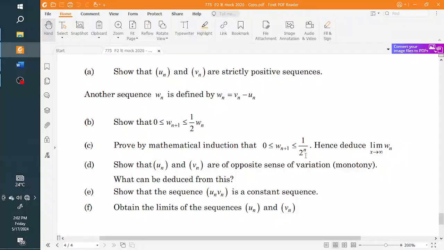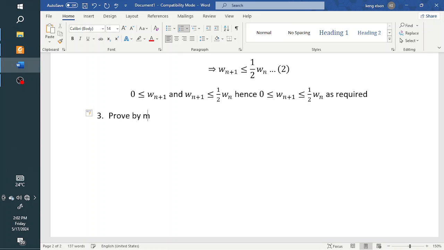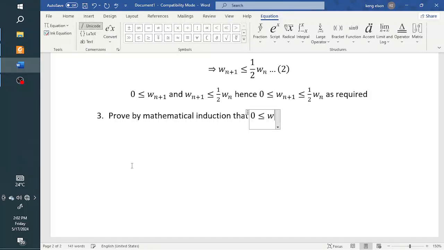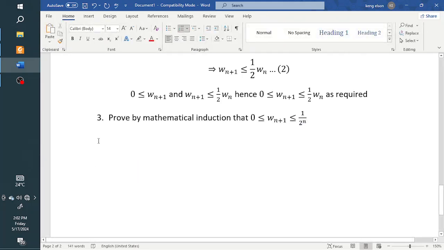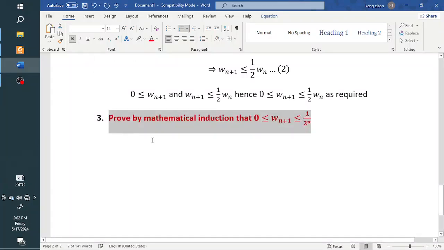So prove that 0 is less than or equal to Wn plus 1, less than or equal to 1 over 2 raised to the power n. I think I already explained mathematical induction before, so I'm going to be a little bit faster now.